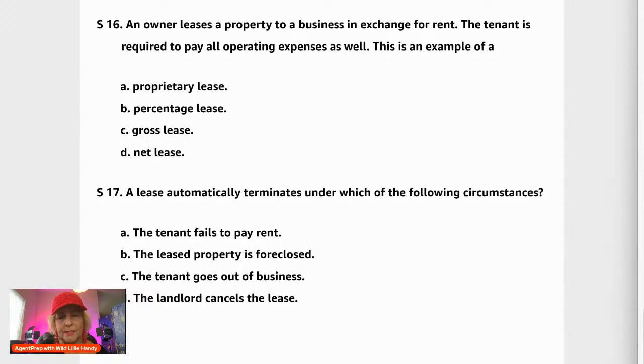Okay, so what does it take to operate a property? Well, you've got utilities, maintenance, property taxes, insurance, all kinds of stuff, right? So yes, this is a net lease. Very good. A net lease.